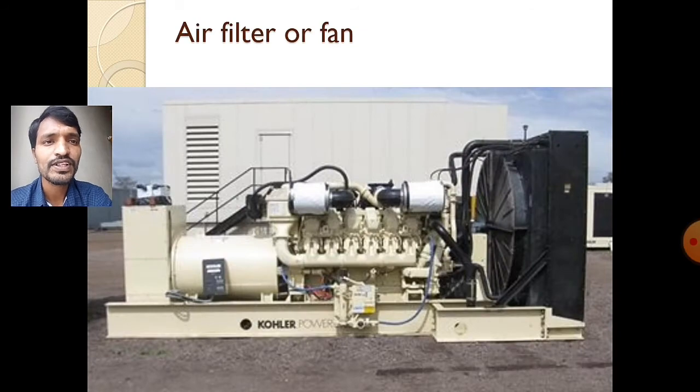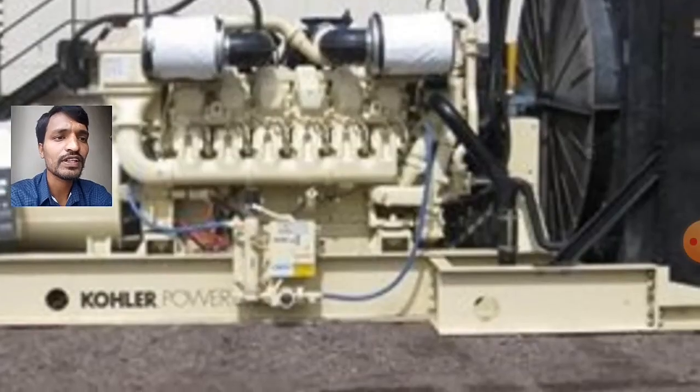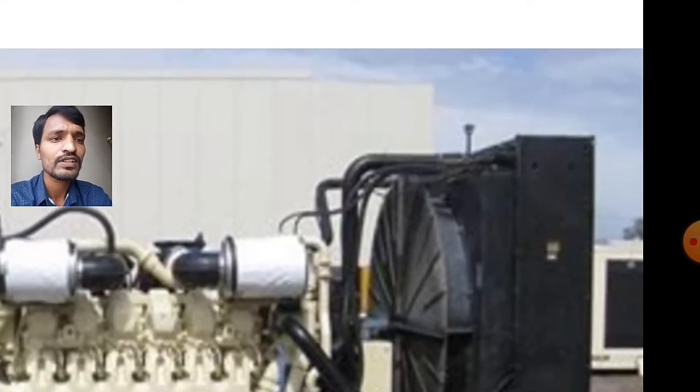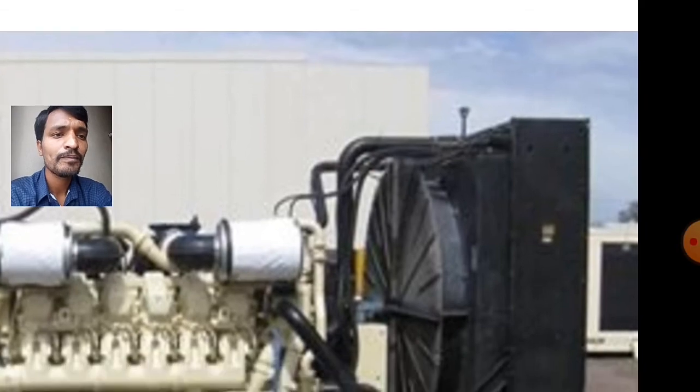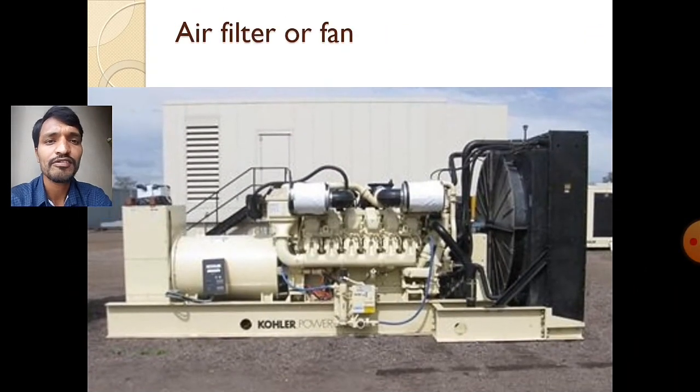Next, air filter or fan. Here you can see a fan, and here a filter. Why are we using a fan? While heavy generators rotate, so much heat is generated.